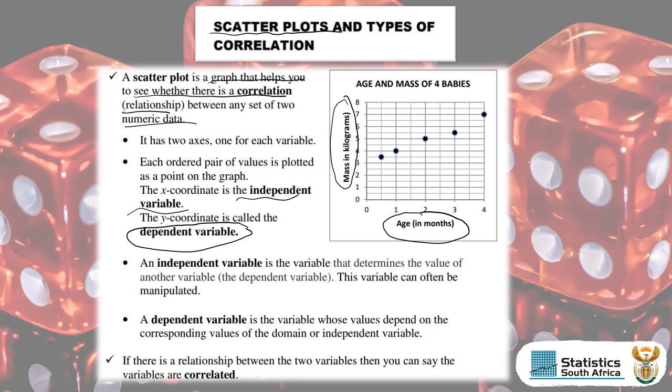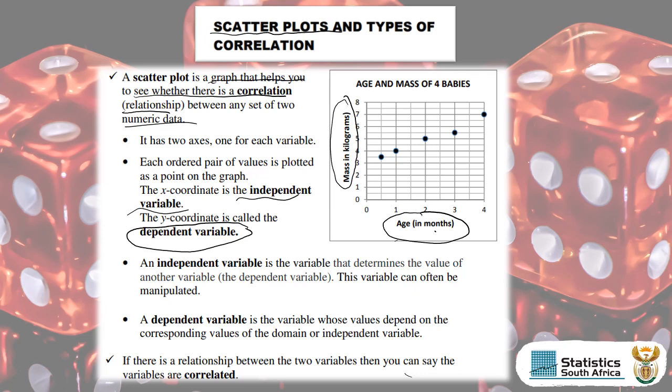Obviously, if you have the results and time, on the independent you'll put time, and on the dependent you'll put results, to show that the results depend on the time that you spend while studying, to show that kind of correlation or relationship between those two sets of data. And an independent variable, as we know, is the variable that determines the value of another variable, right?